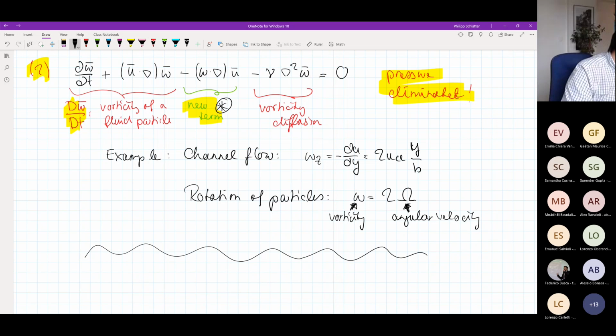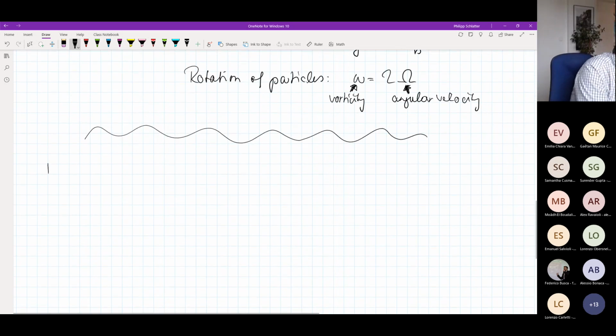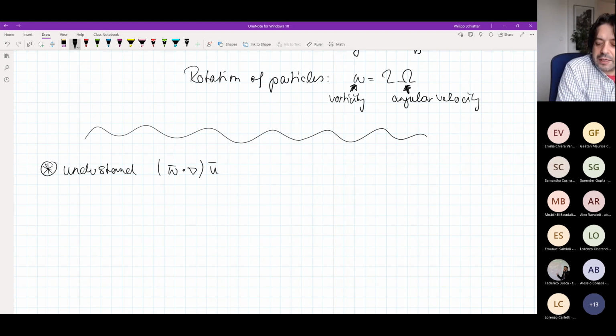I just make a cross, and so let's say we need to understand this term, which looks like omega dot nabla times u. So this is the term that we somehow need to understand, what it does and how it affects the vorticity, so that we get an idea of what the overall action of the equation is.